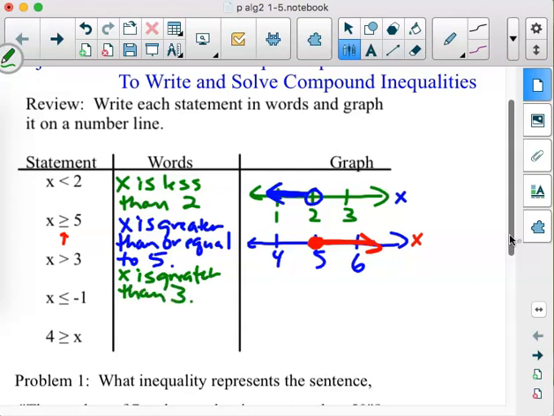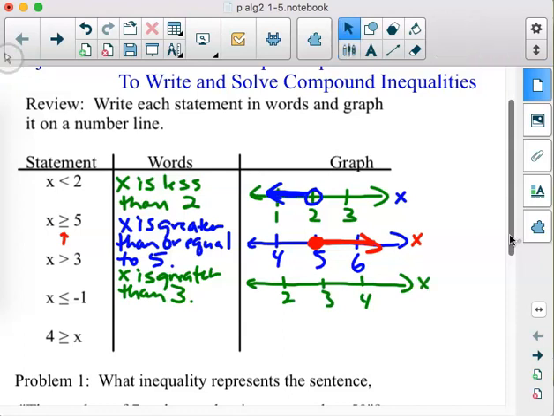So, 2, 3, 4. Open or closed dot, everybody? Open. It doesn't have an equals bar. You shading to the right or to the left? Right. It's greater than. That's where the numbers are bigger.